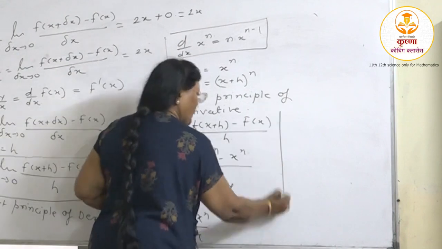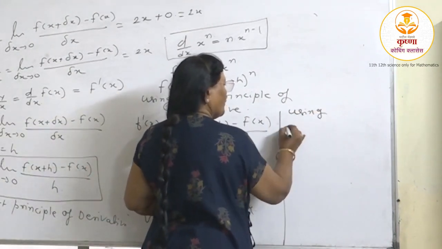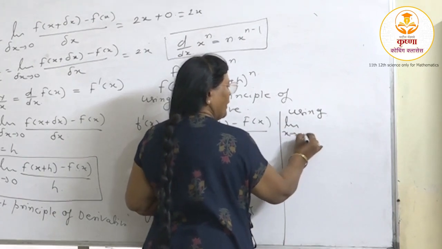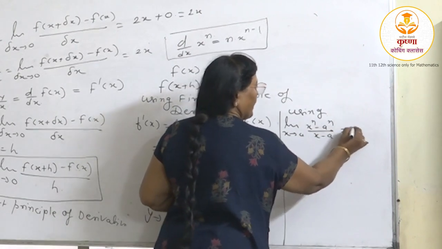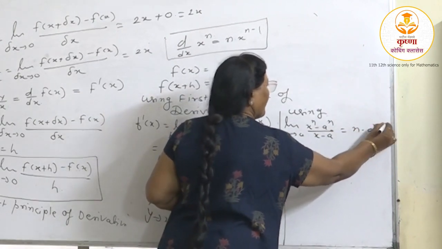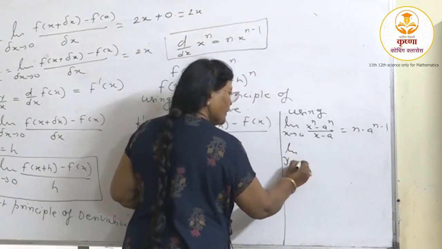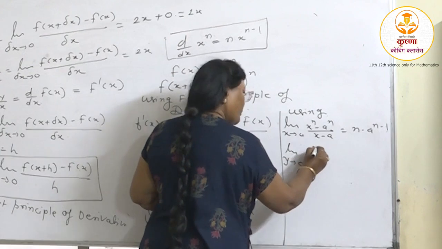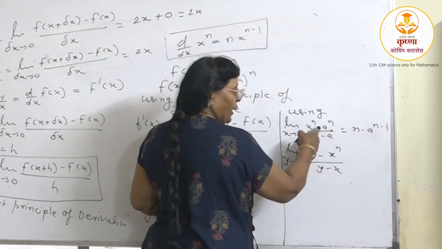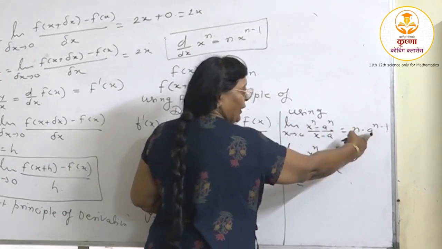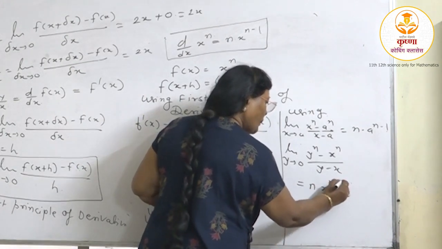Now by using the formula, you know the limit as x tends to a of (x to the power n minus a to the power n) divided by (x minus a) is equal to n times a to the power n minus 1. By using this formula, here limit y tends to x of (y to the power n minus x to the power n) divided by (y minus x) is equal to n times x to the power n minus 1.